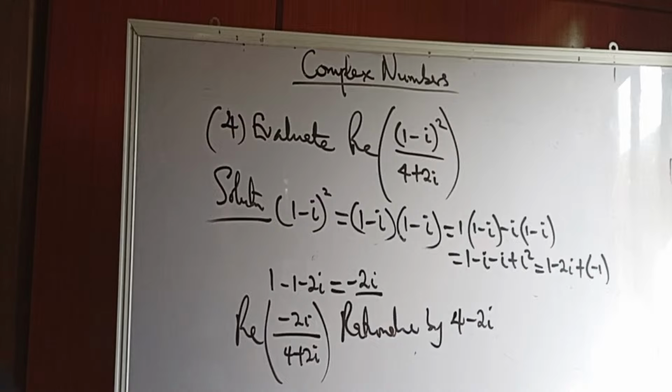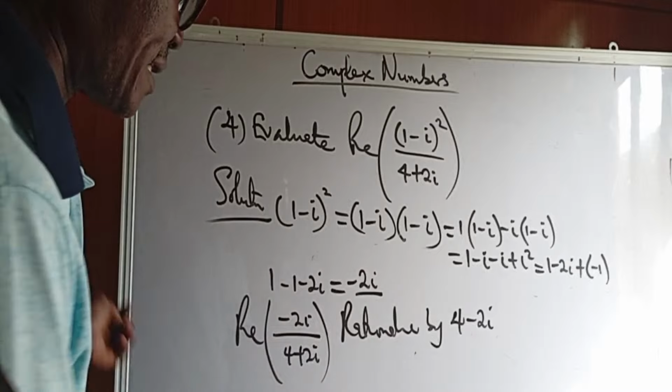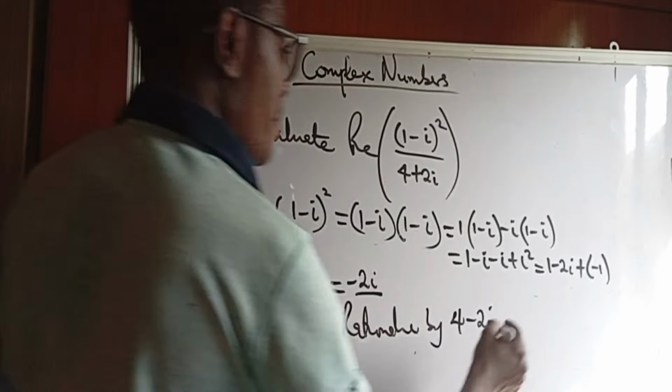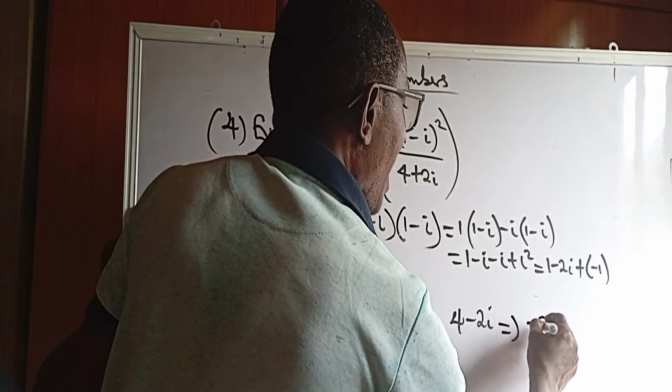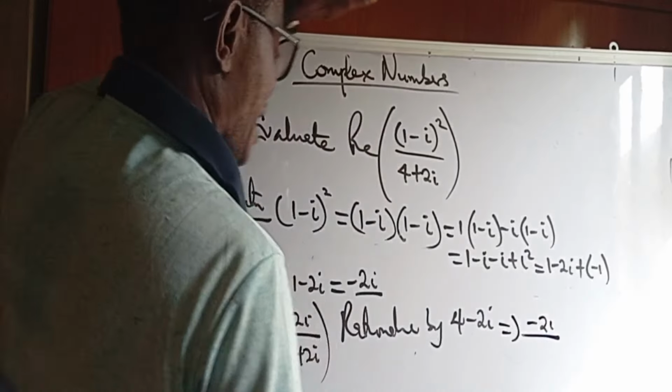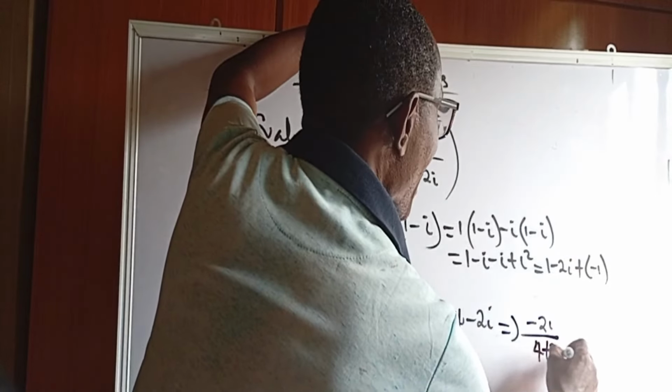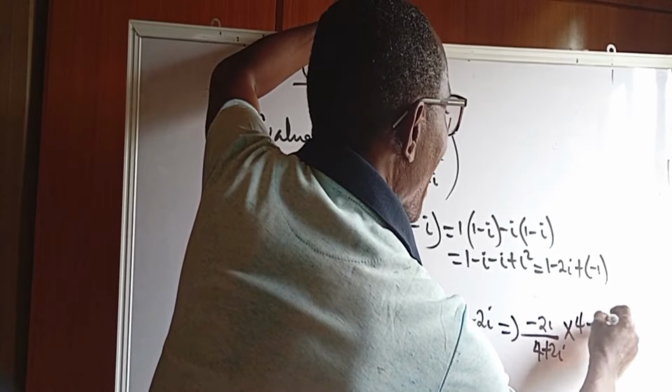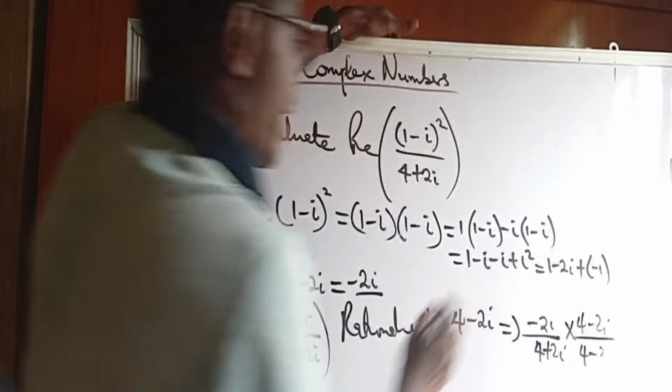Oh, beautiful. Now we want to rationalize by 4 minus 2I. That means we are going to have minus 2I all over, let's deal with what is in the bracket, 4 plus 2I times 4 minus 2I all over 4 minus 2I.